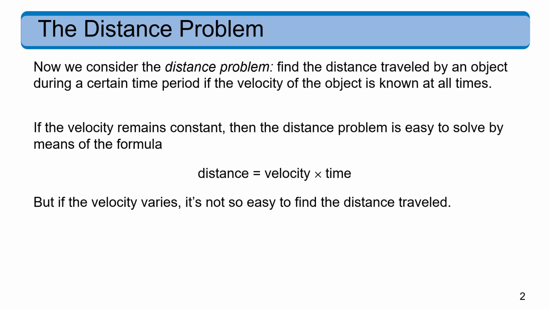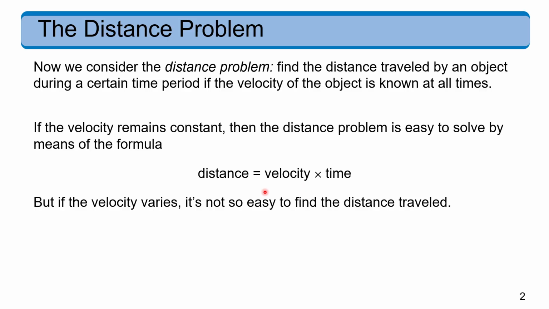First, we'll describe what we mean by the distance problem. The idea is, if you know the velocity and the time traveled, can you find the total distance traveled during that time? Now, if the velocity is constant, that's a very easy problem, right? We're all familiar with the formula distance equals rate times time. But what if the velocity is not constant?